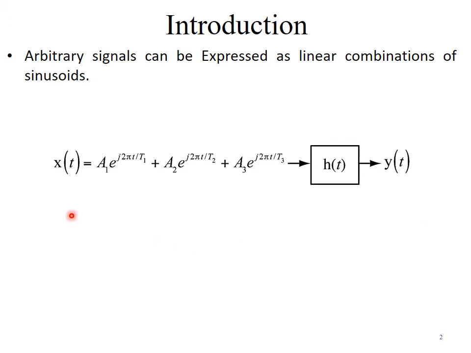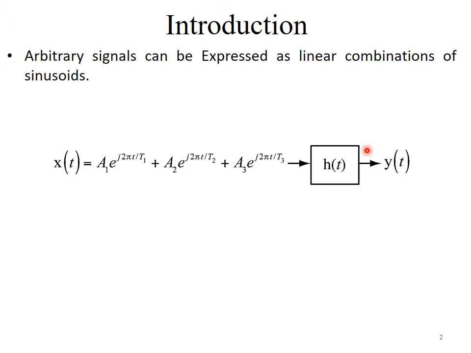This can be done as shown in this figure, where h of t is the impulse response of the system, and x of t is any arbitrary signal represented as a linear combination of complex exponentials, given as the input, and the response is computed.